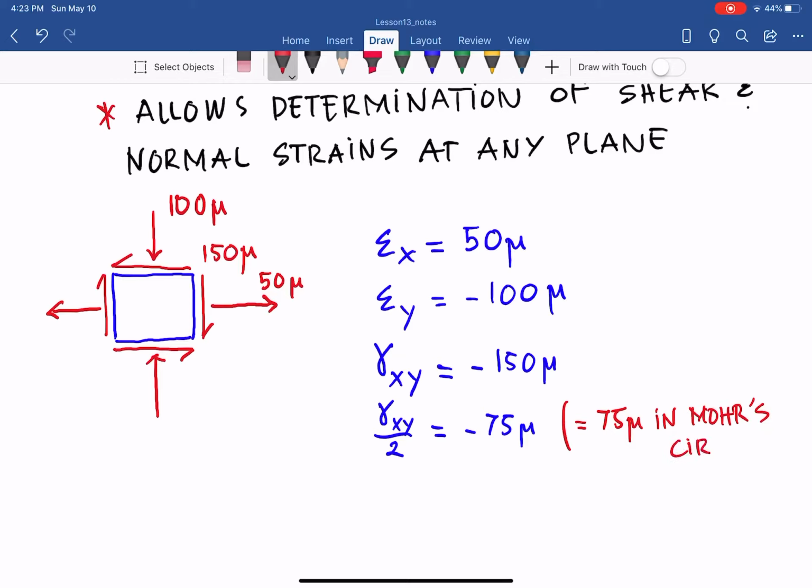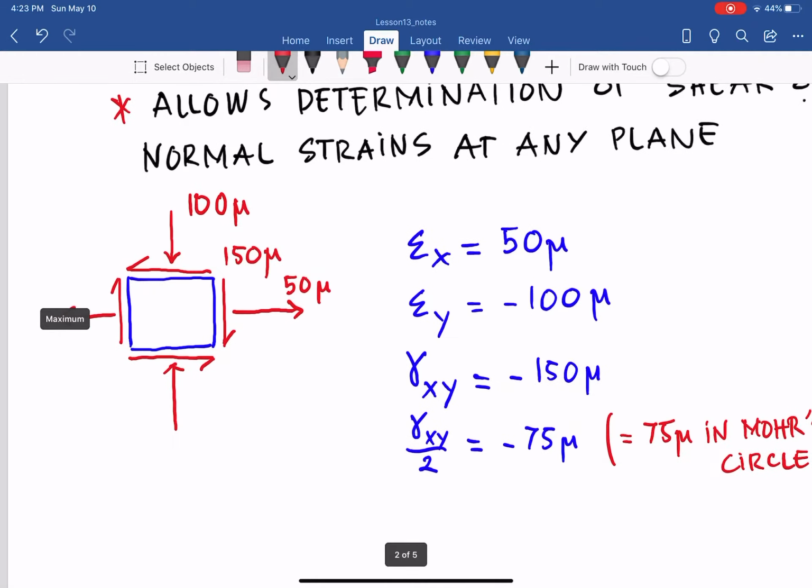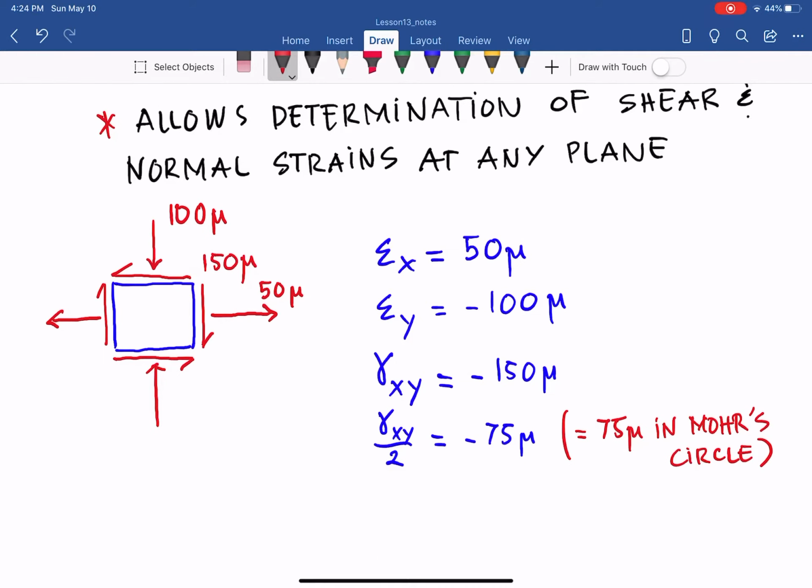Why is that? The sign convention for shear stress and shear strain for the Mohr circle is defined by clockwise rotation. If that stress or strain tends to rotate the block, the blue block here, clockwise, then it's positive.